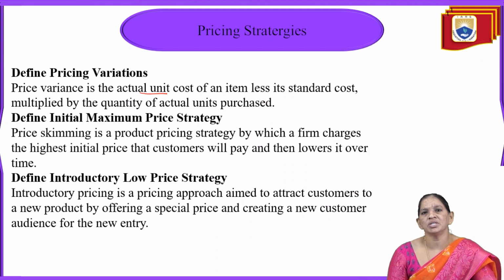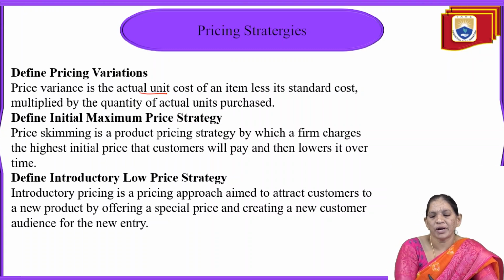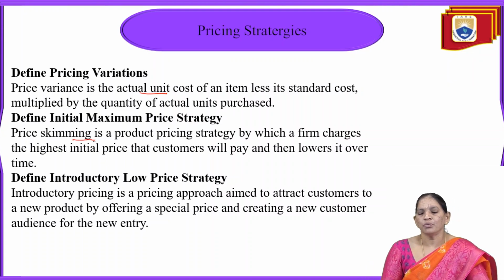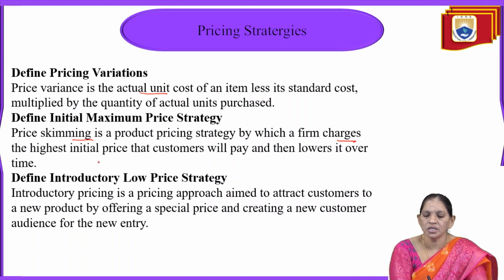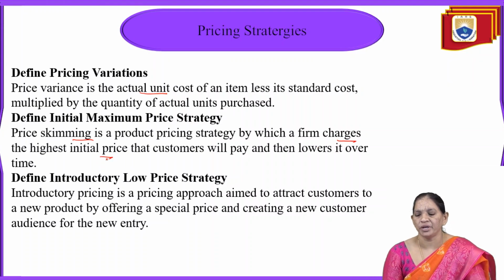Define initial maximum price strategy. The initial maximum price strategy is also the price skimming of a product, a pricing strategy in which the highest initial price is charged, which customers will pay, and then it is lowered over time. It is a skimming pricing strategy where the organization or firm charges a higher price initially when customers adopt the product, and then lowers its price.